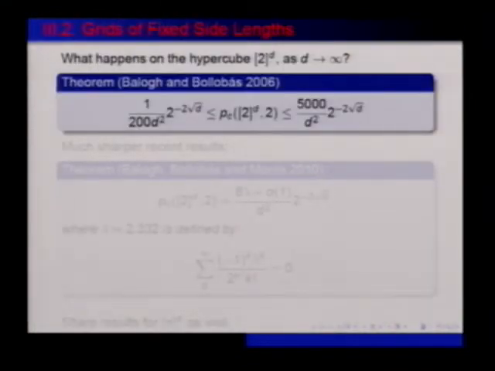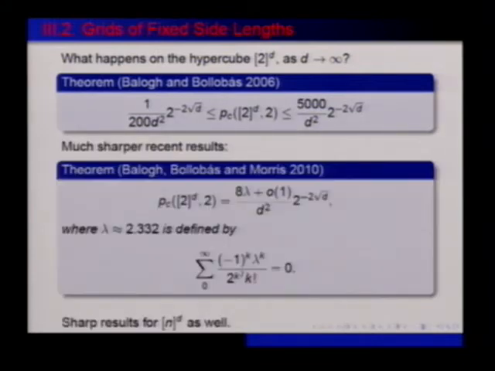Okay, that was if we fix the dimension and let the side length go to infinity. What happens if we fix the side length and let the dimension go to infinity? Then the starting result corresponding to some extent to Eisenman-Leibowitz was this result, which also shows there is less of a nice function than in the grid case.